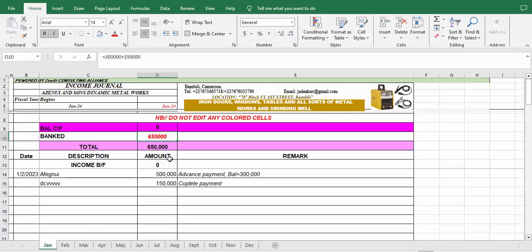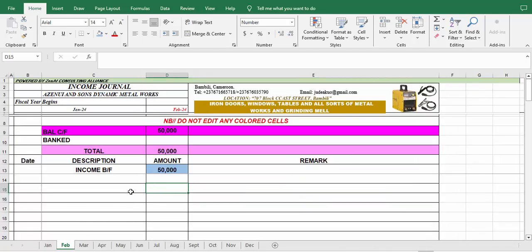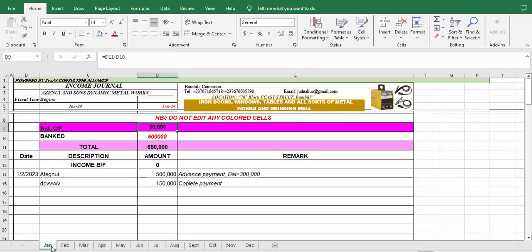And when you come to the month, assuming that you banked 300,000, you spent 300,000 for material, and you deposited 300,000 to the bank, you're expected to have fiscal money in your hand of about 50,000 carried forward to the month of February, and the trend continues like that. This system is very similar to a book.